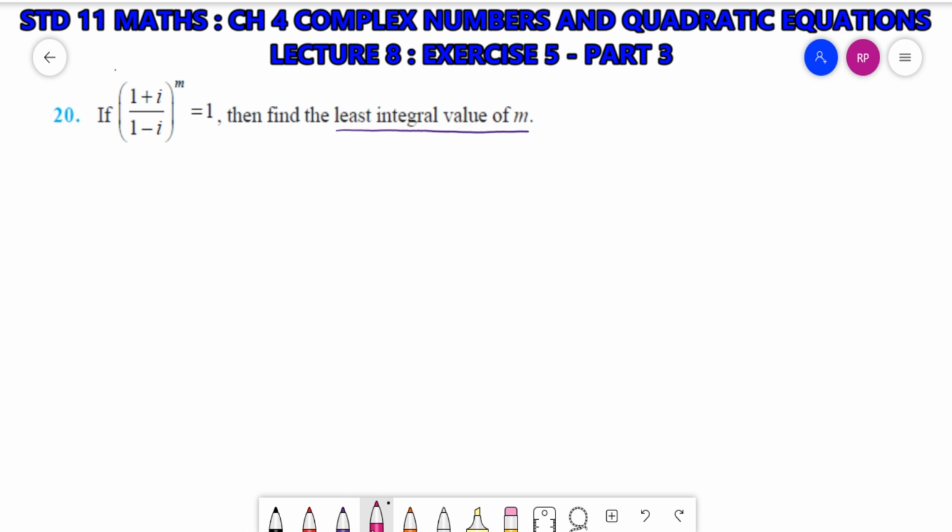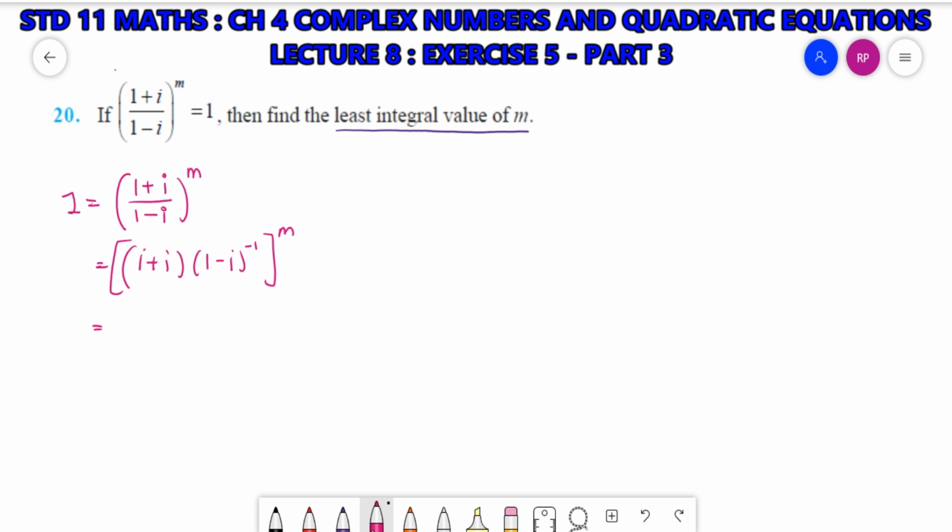Let's start. (1 plus i upon 1 minus i) whole raised to m equals 1. So what I will do: (1 plus i) into (1 minus i) inverse, whole raised to m.